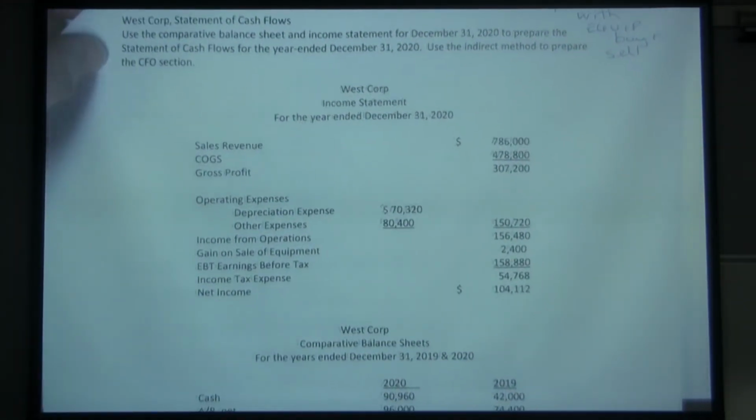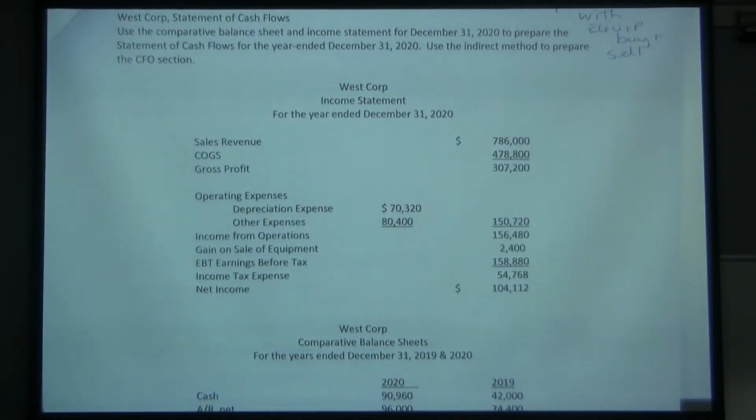Yeah, we'll do West Corp. I'm going to move on a little bit more quickly with the first parts of this, now that you have at least 2 examples of statement of cash flows in this recording. So one moment here, take this off.